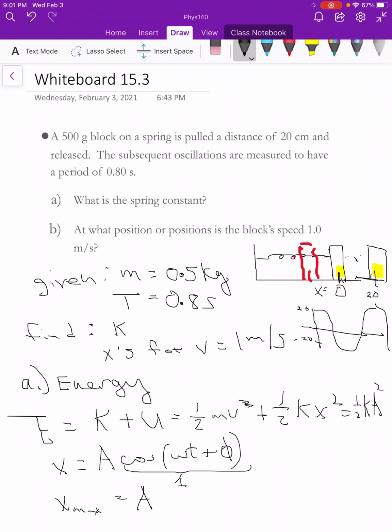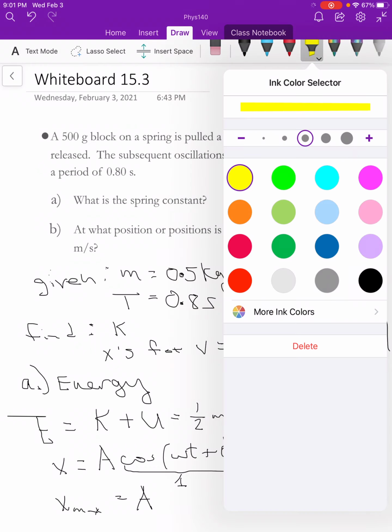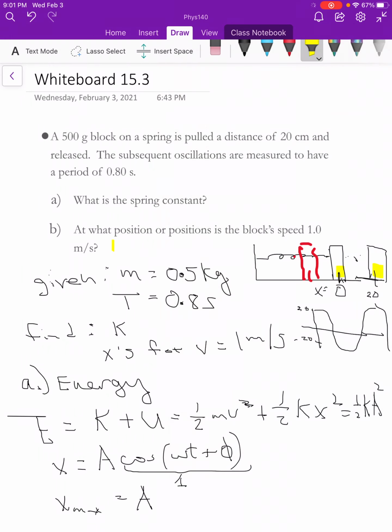So I can put that into my expression here. When I'm fully stretched, my block isn't moving. And so what happens then is my kinetic energy goes to 0. So this term here goes to 0, and I just have 1/2 kx squared is equal to 1/2 kA squared. And I know that's by conservation of energy, right? My maximum energy is going to be 1/2 kA squared.